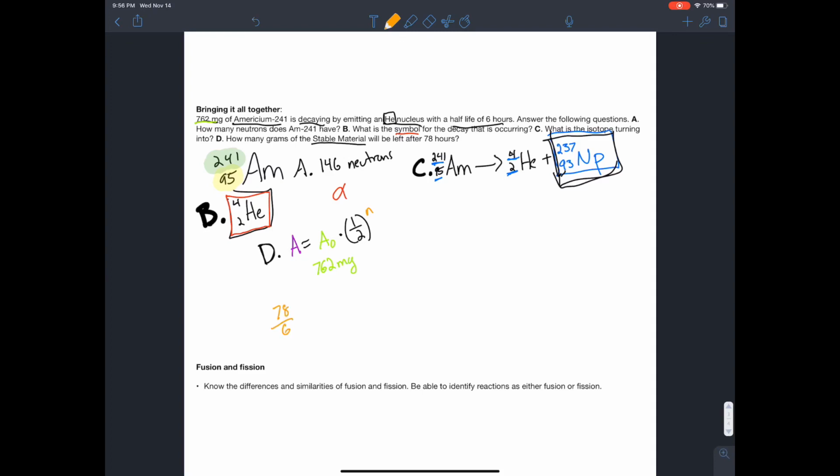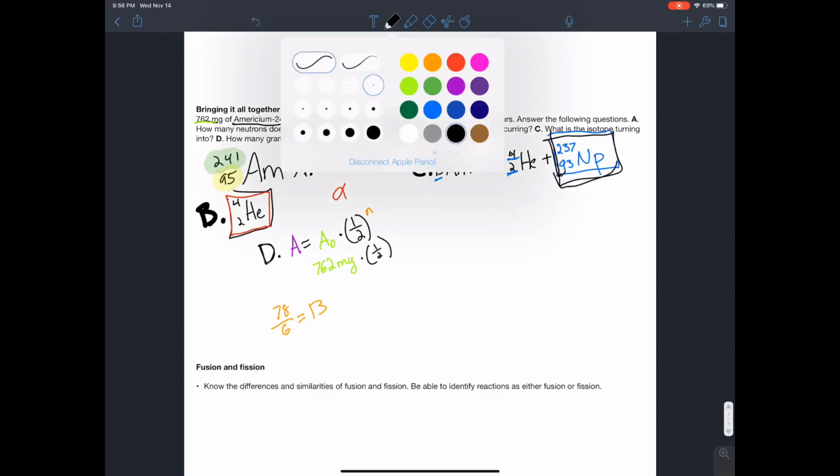So 78 divided by 6. I don't know that off the top of my head. 13. Oh my goodness, I've dropped my pencil. 78 divided by 6 is 13, so it underwent 13 half-lives. So we're multiplying 762 by 1/2 raised to the 13th power.